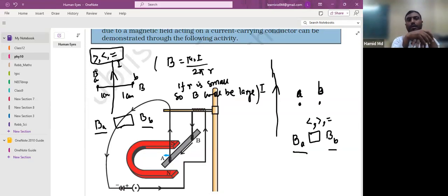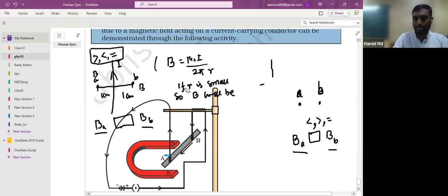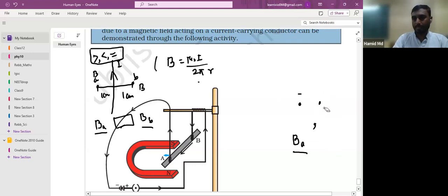Okay, so tell me one more thing. Are you very well aware of vectors now? We have studied vectors a lot. You all know the vectors or not? Yes, sir.